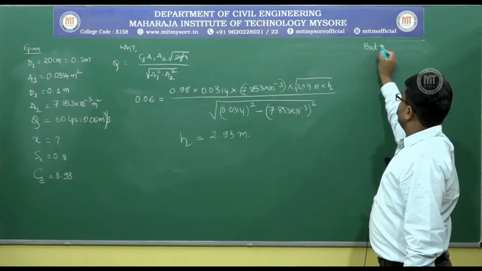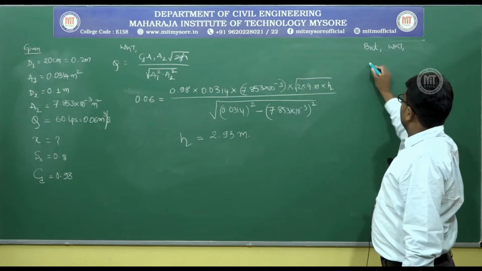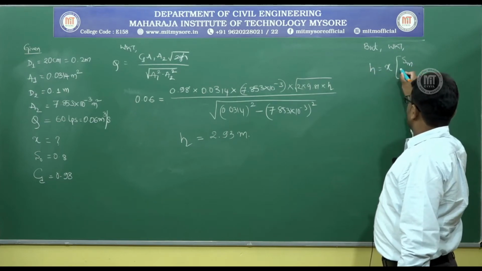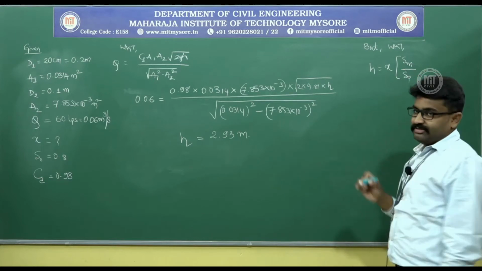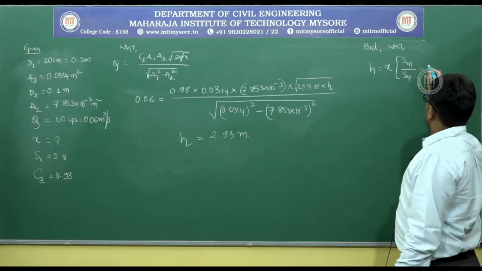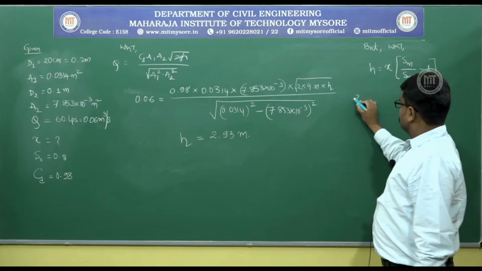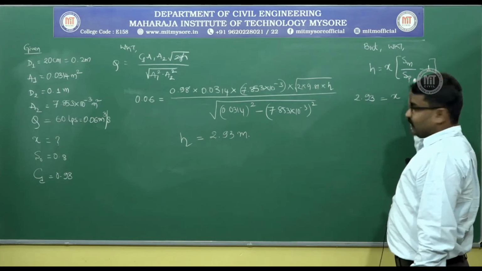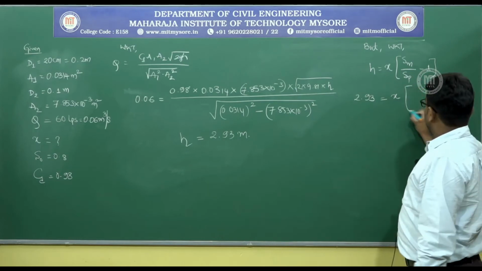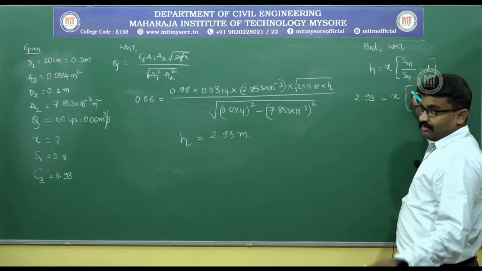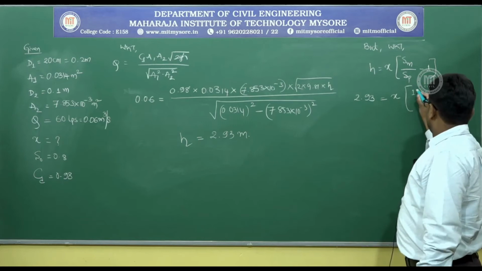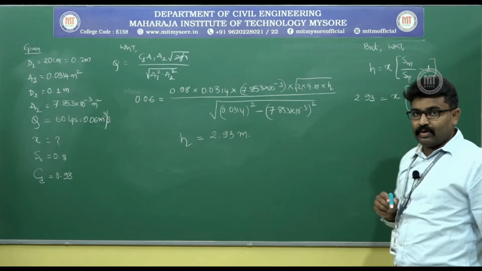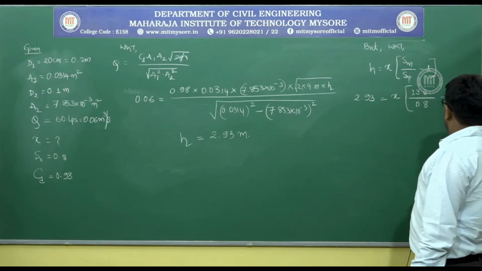But we know that H is equal to X into specific gravity of manometric liquid divided by specific gravity of liquid in the pipe minus 1. So this is 2.93. This must be equal to X, which is to be found out, multiplied by specific gravity of manometric liquid. Here manometric liquid is mercury. So 13.6 divided by specific gravity of liquid in the pipe is 0.8 minus 1.